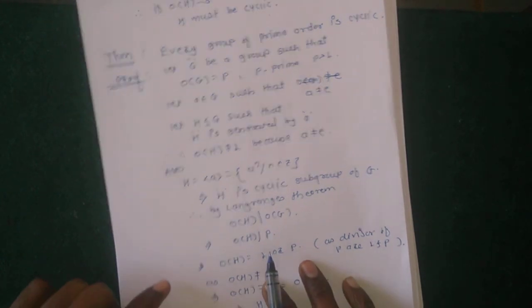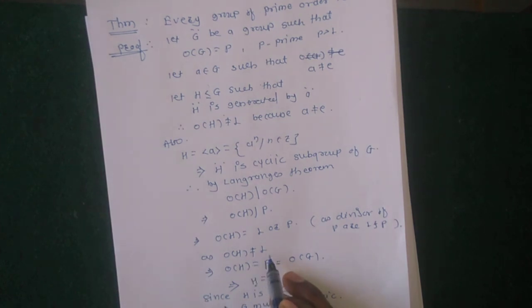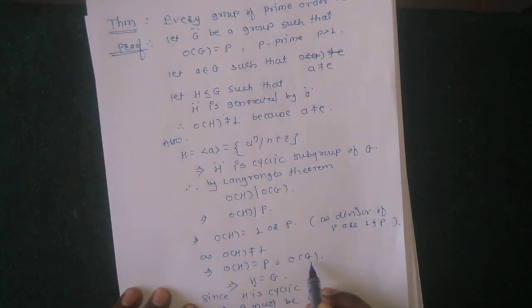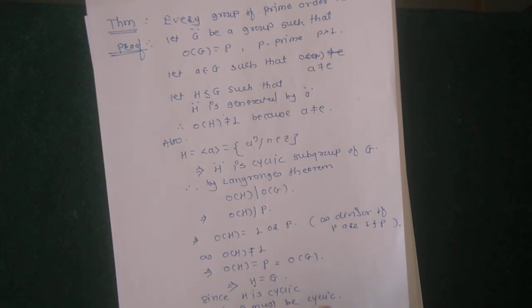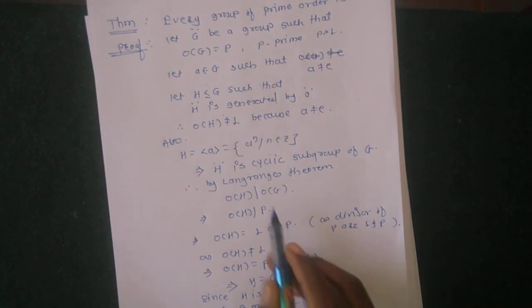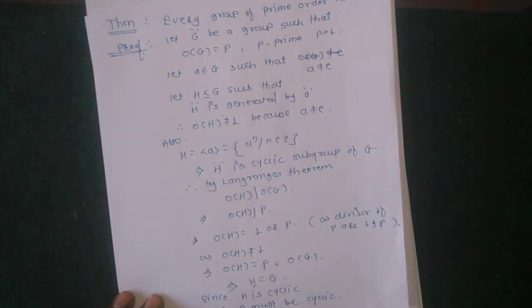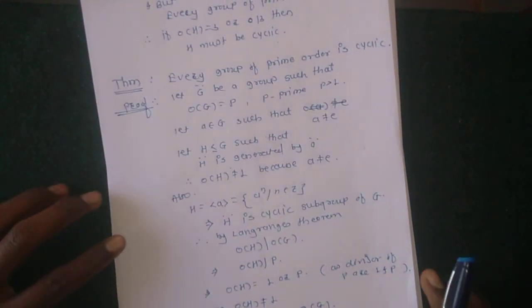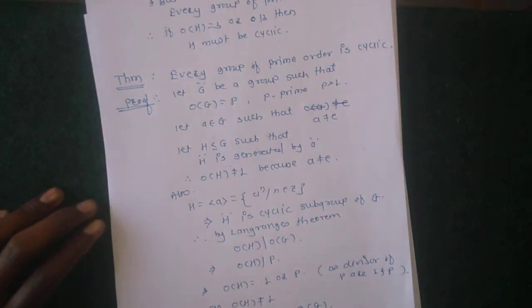Since the order of H is not equal to 1, the order of H must be p, which is also the order of G. This implies that H and G have the same elements, so H equals G. But H is a cyclic group, which implies that G must be cyclic. That is, every group of prime order is cyclic. So this is the proof of the given theorem.